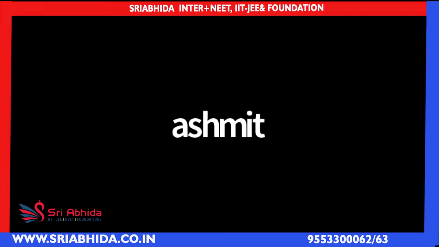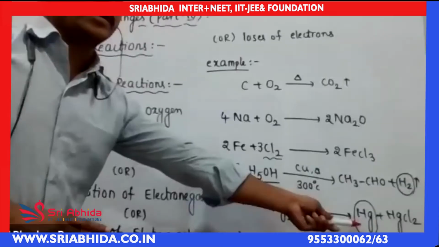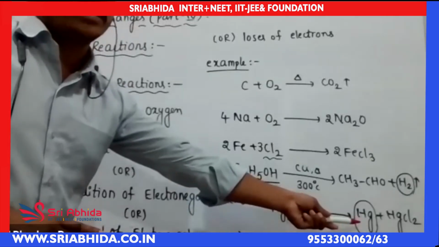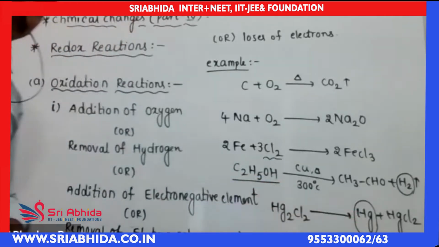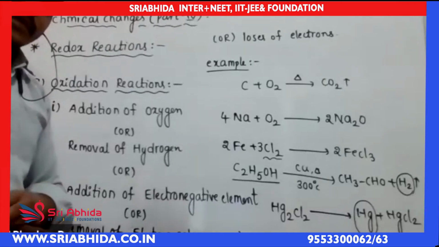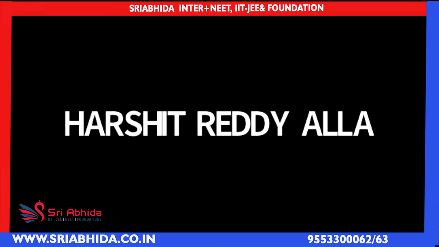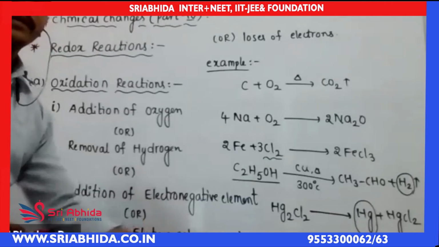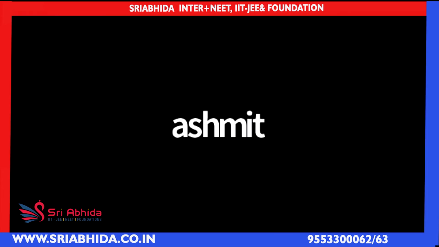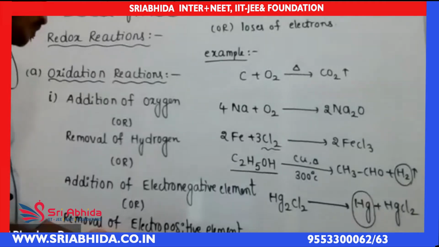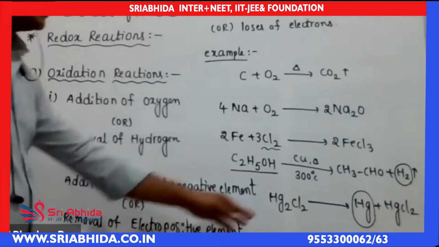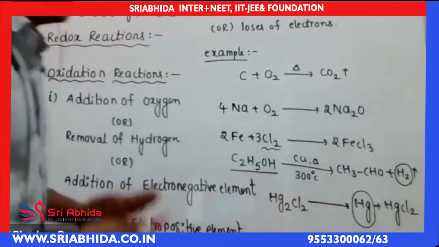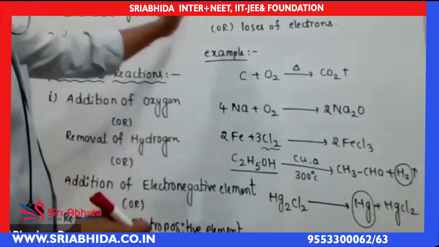Yes, sir, it is a metal. Metal means it is electropositive or electronegative? Electropositive, sir. So this is removal of an electropositive element. The last definition: removal of an electropositive element is also called an oxidation reaction.